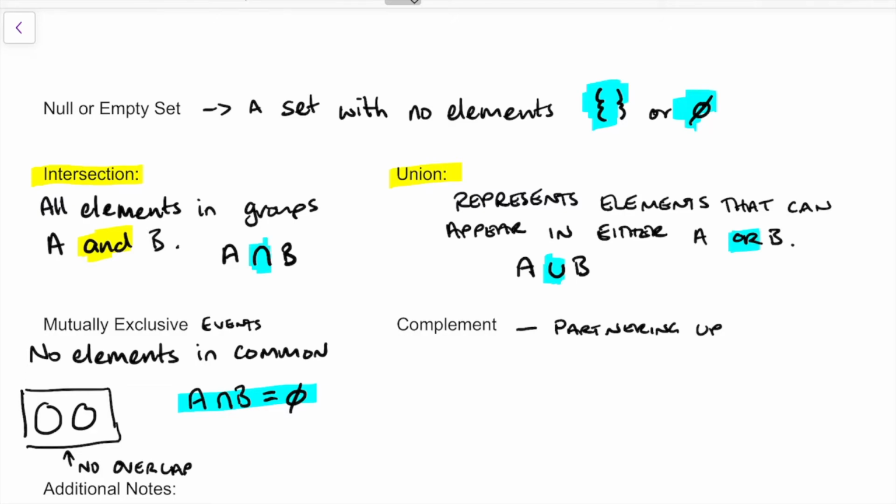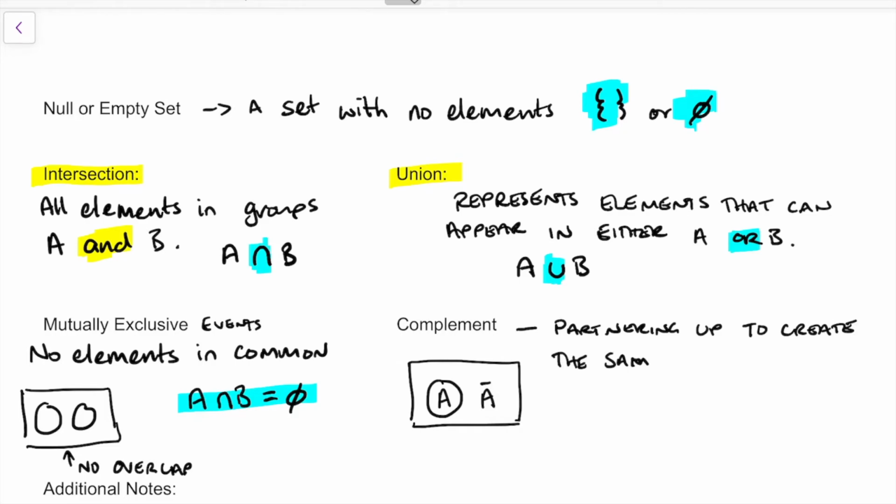So rather than it being a mutually exclusive thing, it's more like the one before where we had our group that was A and our group that was not A. So those two groups, A and not A, partner up to create the whole. So they're partnering up to create our sample space.